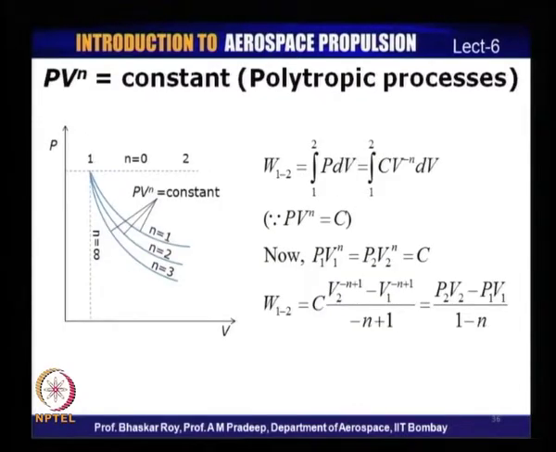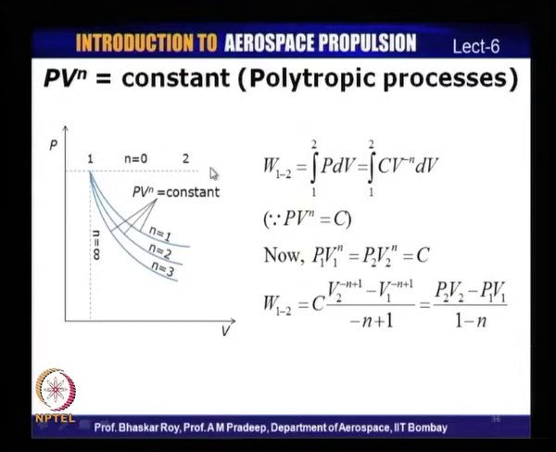Let us look at a polytropic process, that is a process in which P times V raised to n is a constant, where n can take different values: 0, 1, 2, 3, anything. We have here on a PV diagram different processes shown: n equal to 1, n equal to 2, n equal to 3, and the limits of this process are n equal to 0.